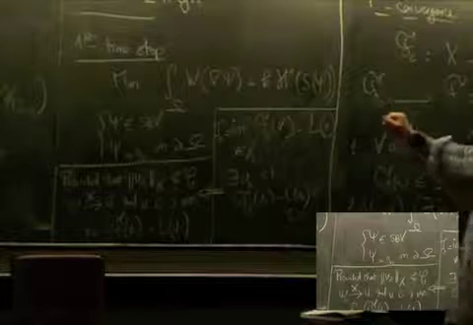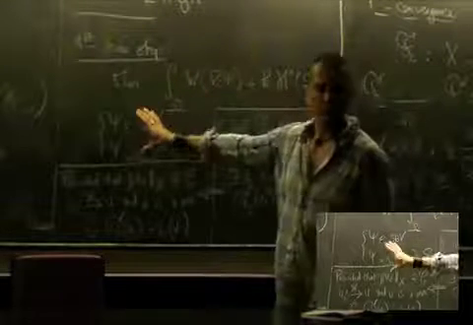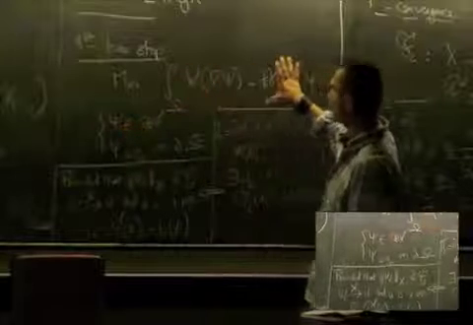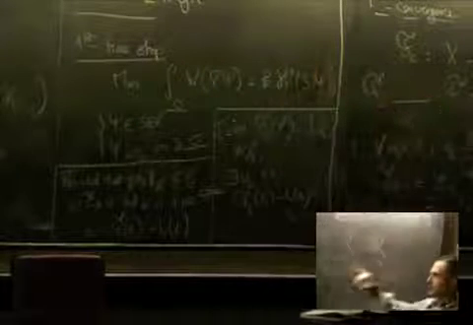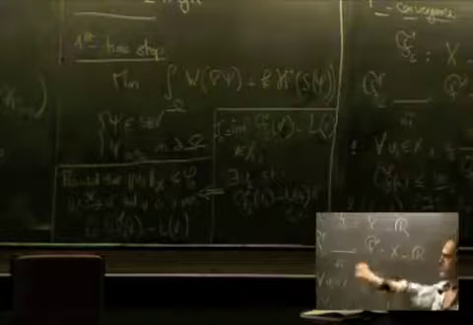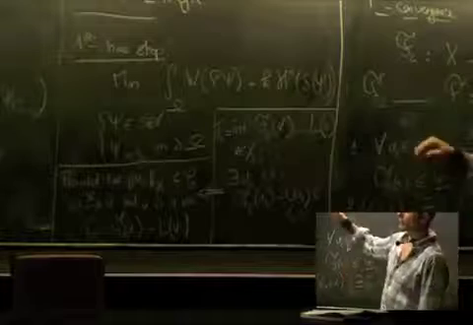So in order to compute the minimizer of this problem, all I have to do is to find a sequence of approximating problems which gamma converges in some topology, which I'll have to specify, to that problem.